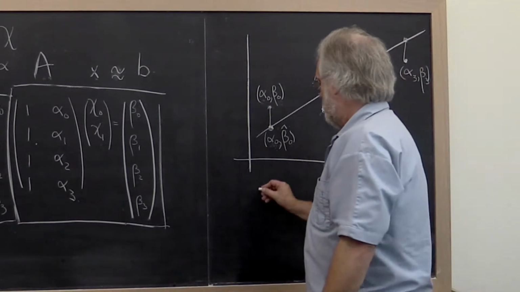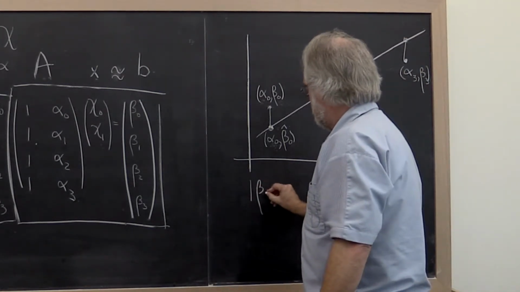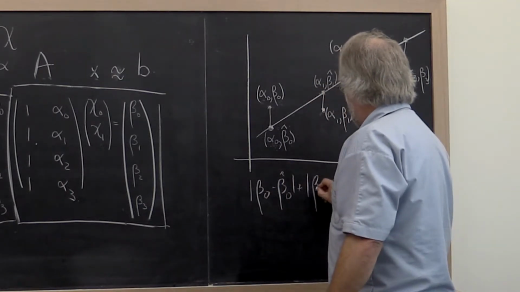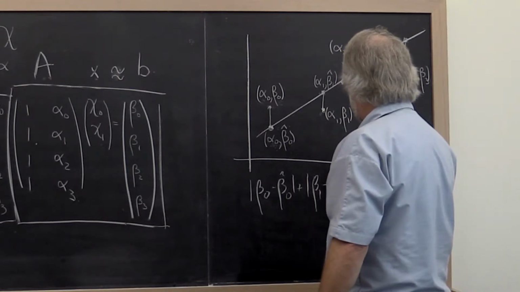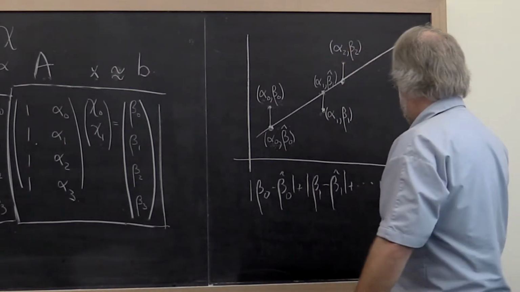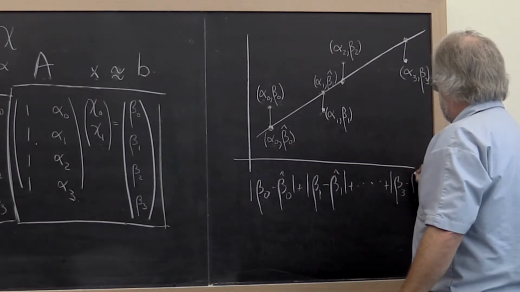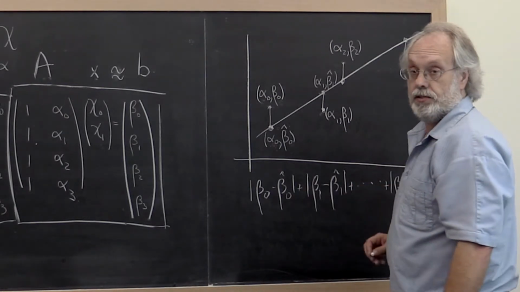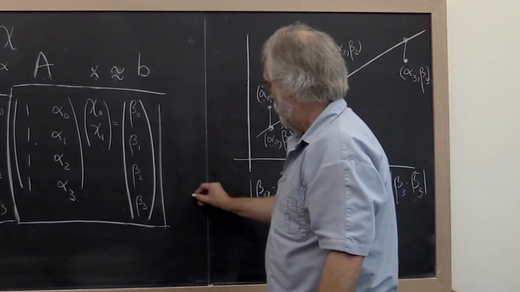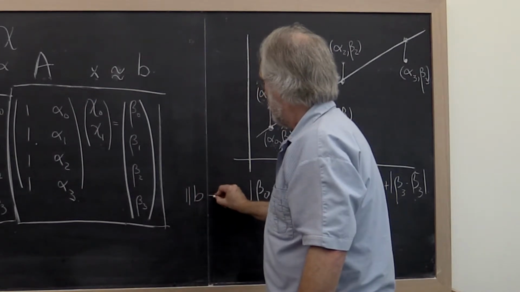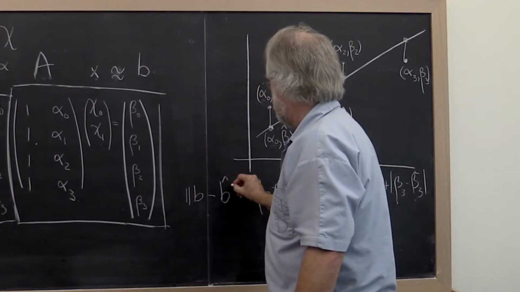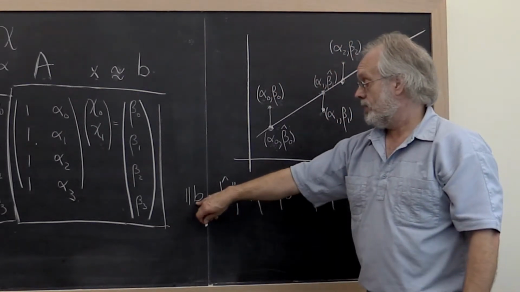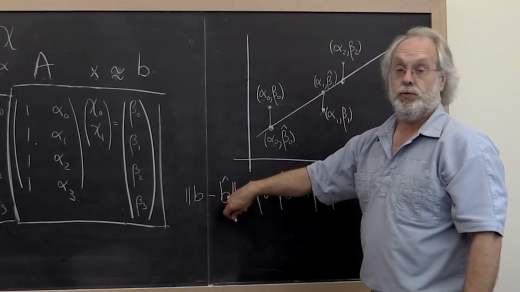In that case, you would be minimizing beta 0 minus beta 0 hat, and then beta 1 minus beta 1 hat, and so forth. And if you look at this, you see, oh, wait a minute, we can more succinctly write that as b minus b hat in one norm. So we're trying to minimize the one norm of the difference between these two vectors.